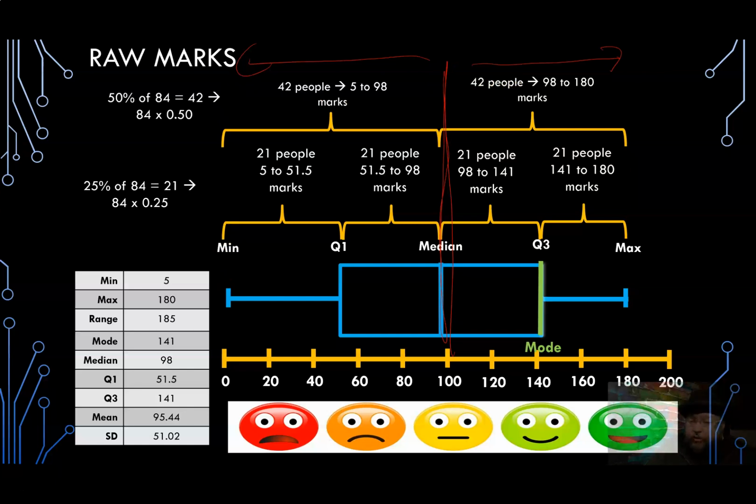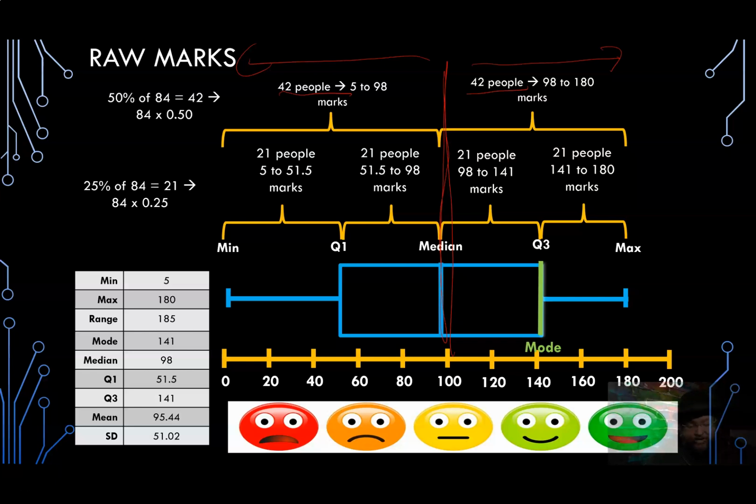Now, we were told before in the context that there are 84 students in the course, and all our gathered data points are the scores they got. That means 42 of the students fell here, and 42 fell here. So we can start quantifying: half the class got a score between 5 and 98 marks, and the other half got between 98 and 180 marks.